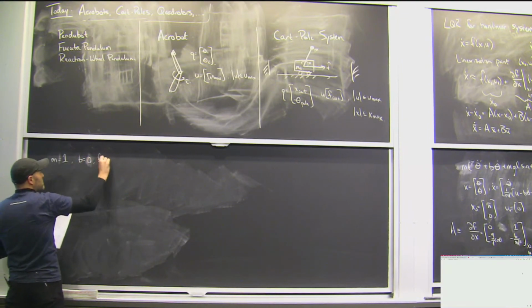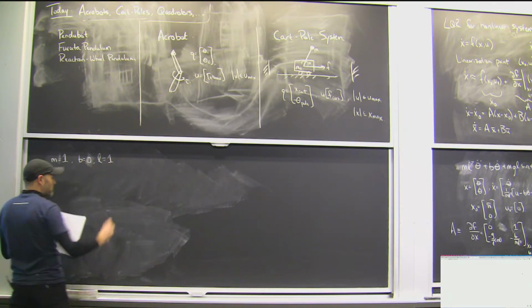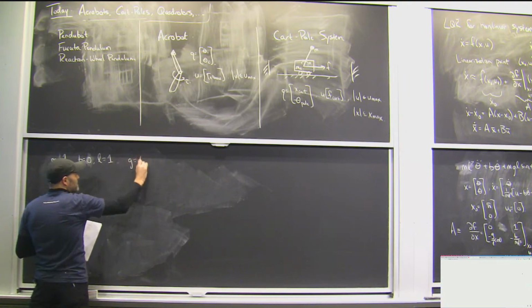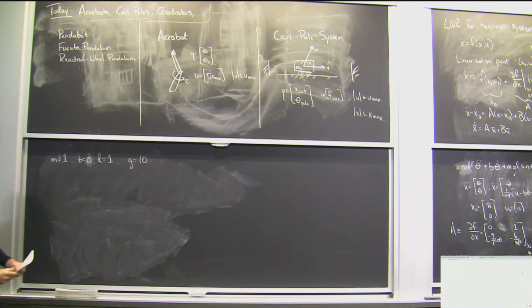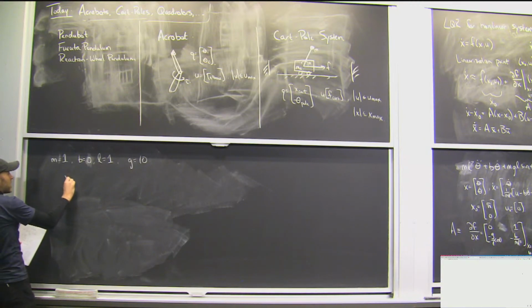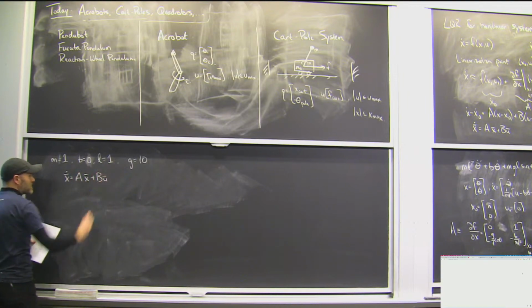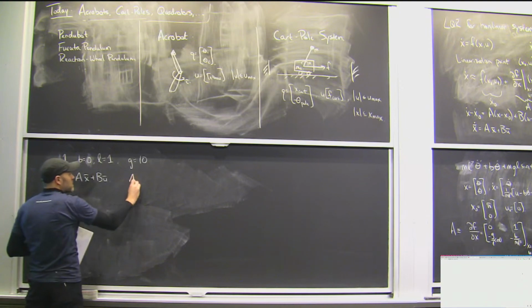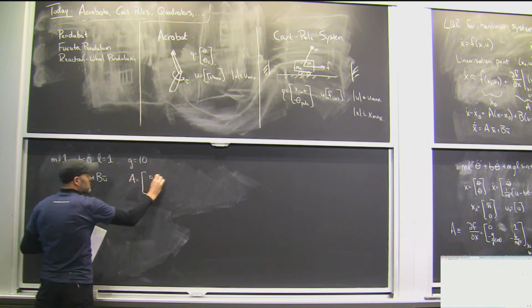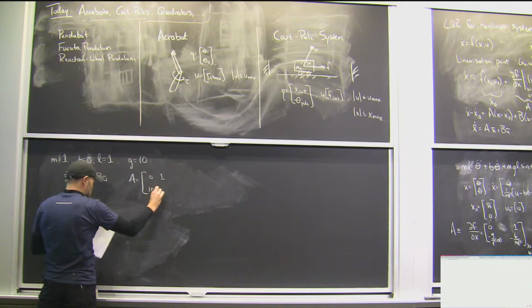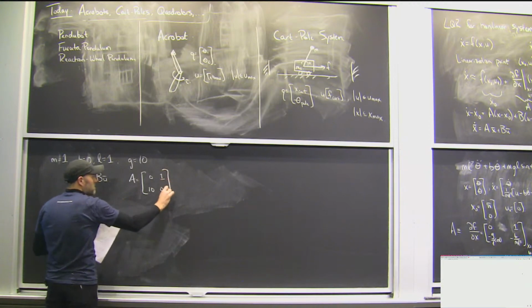Make that even easier. Length equal to 1. Gravity, I can't quite get myself to make it 1. I'll make that one 10. Okay. That means that my linearization here, with that substituted in, gives me some pretty simple matrices to think about.